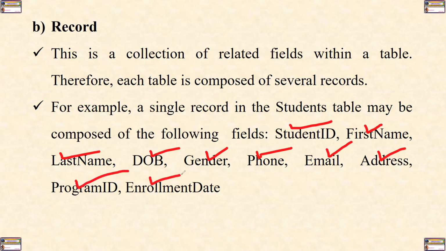So if you have 10 students, it simply means that those will be 10 records. And I repeat, if you have, let me say, 7 students, whose details have been stored in the students table, then that will be 7 records. And each of those records will be composed of the 10 fields.